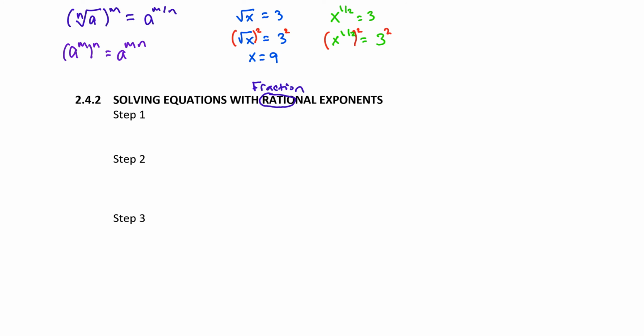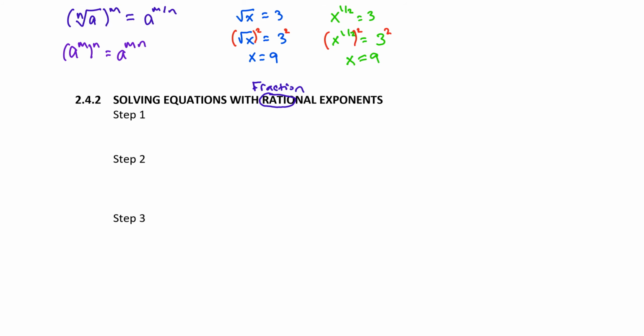So on the left of our green equation here, we have the power 1/2 and the power 2. We're going to multiply those powers. 1/2 times 2 is 1. So we get x on the left, and 3 squared on the right is 9. So fundamentally, if you know how to solve a radical equation, we're going to be applying the same principles to solving rational exponent equations, but again, the notation is just a little bit different.